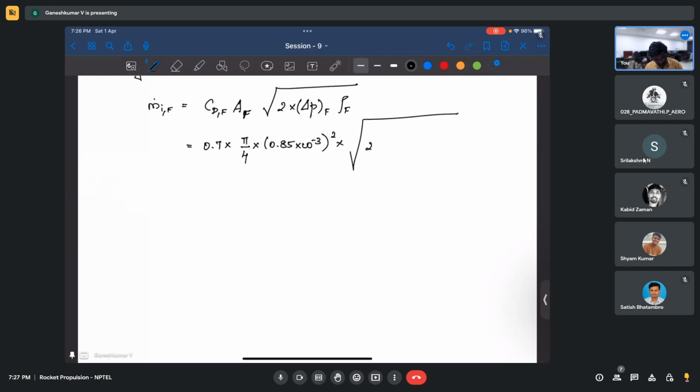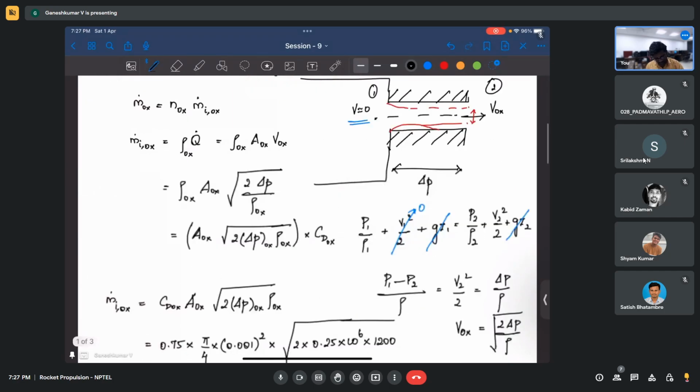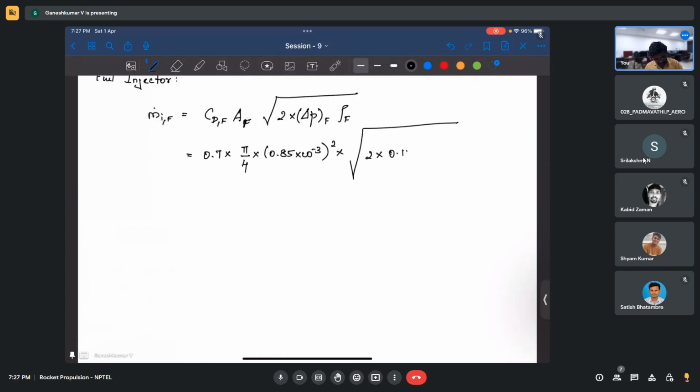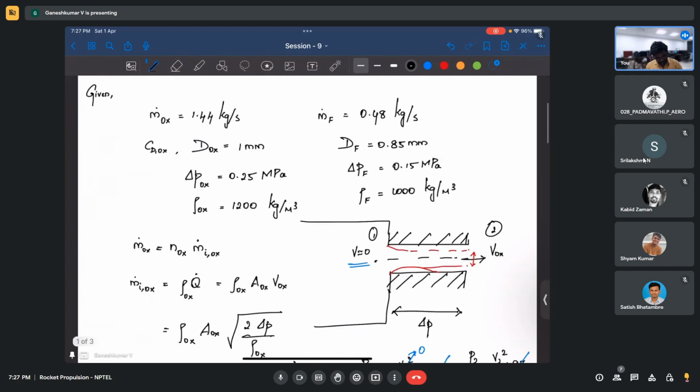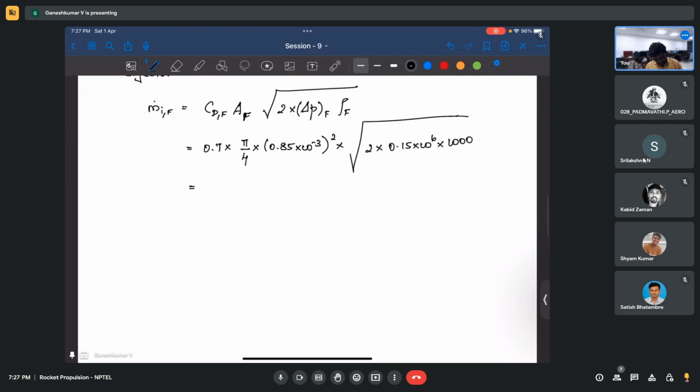And square root of 2 into the pressure gradient, which is 0.15 megapascal. Then the fluid density is going to be 1000. Are you getting 6.87 into 10 power minus 3 kg per second? This is also again through one orifice.